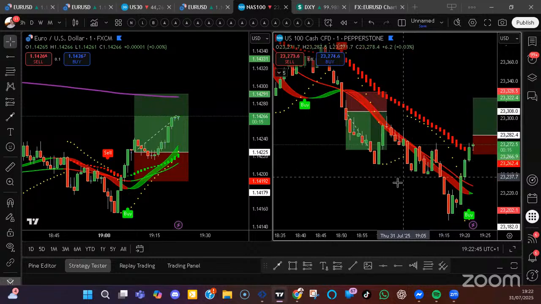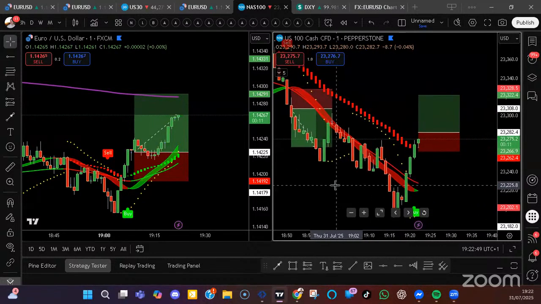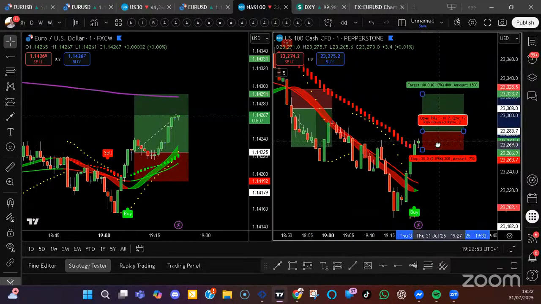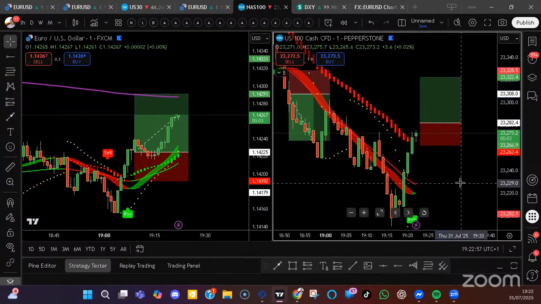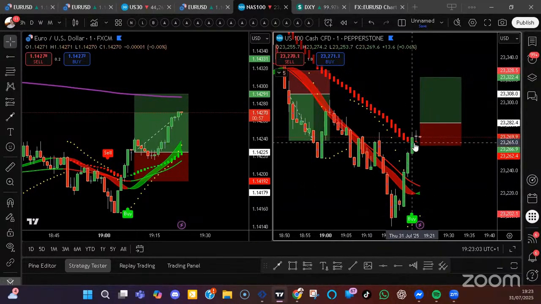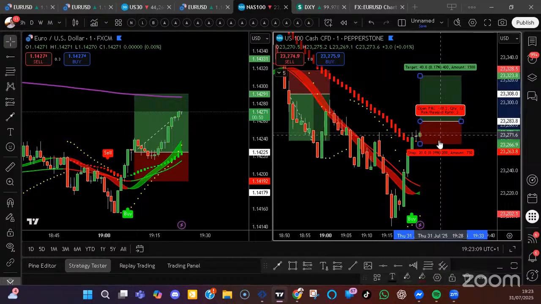So I'm not going to be doing that again. But right now, we wouldn't be getting into this trade on the US 100. Even though we got a buy alert, we only got a green volume ribbon. Even the wave hasn't turned green yet, but that's where it will if it does.